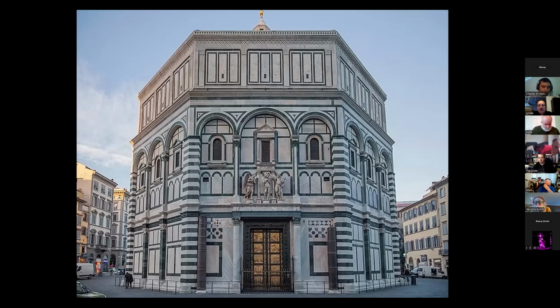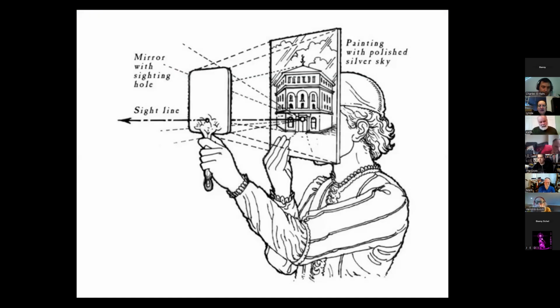So this particular building, as I said, is in Florence, Italy. It's a chapel, basically. And one of the guys who was involved with the development of perspective in art, in the early 1400s, came up with an experiment. He did a painting or a drawing of that building in perspective, proper linear perspective.